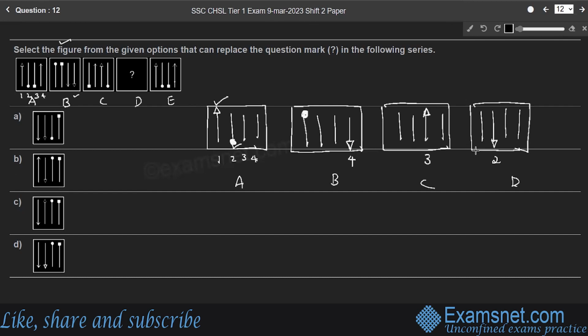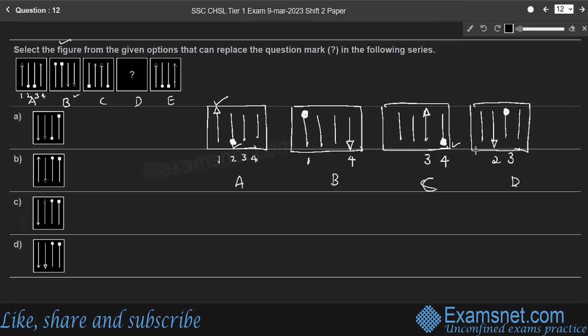Here the direction is upwards and the position is its previous position from figure A. In figure C, the position of the line with the circular portion will be the 4th position and the direction is downwards. Therefore, in figure D, the position of the line with the circular portion should be the 3rd position, previous position of figure C, and the direction should be upwards.